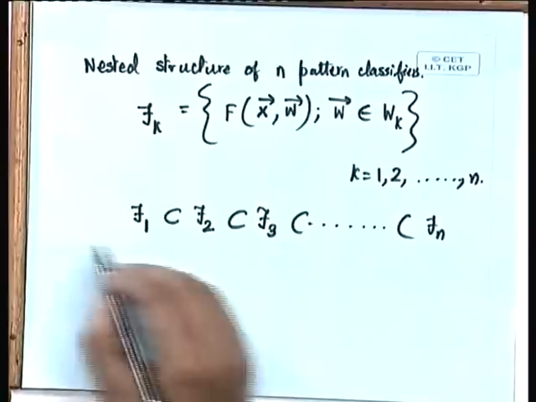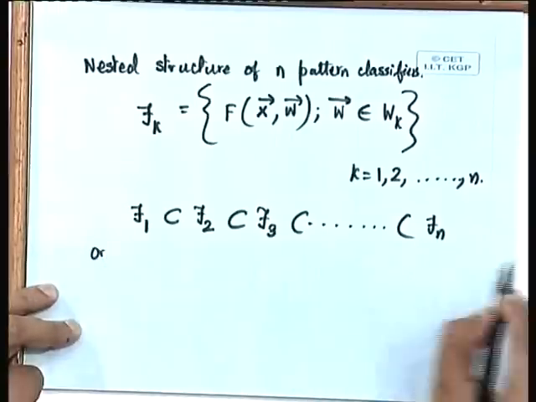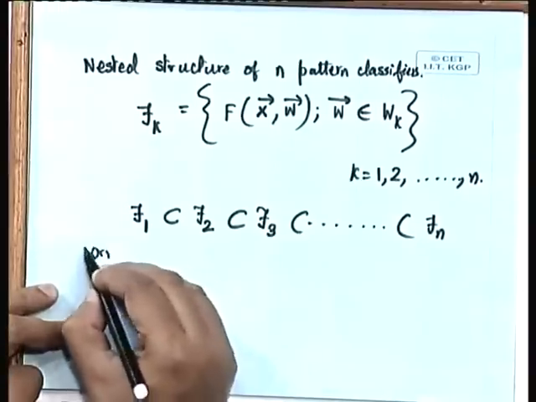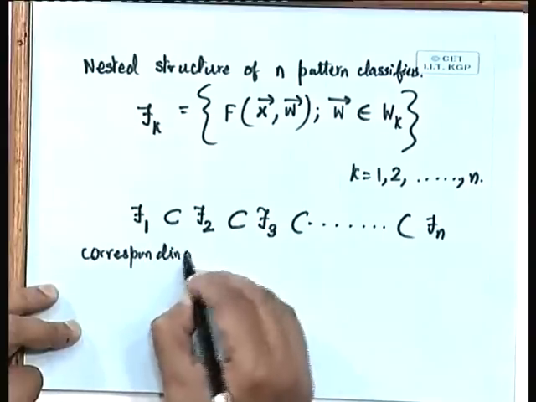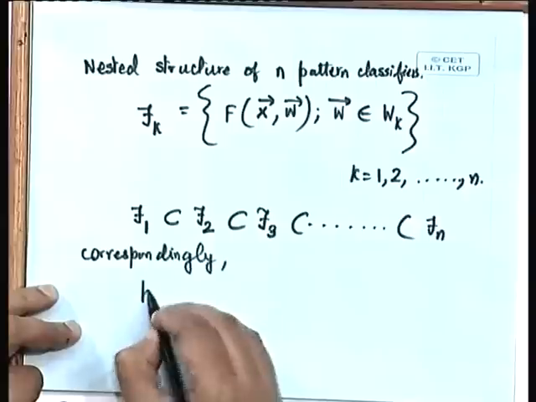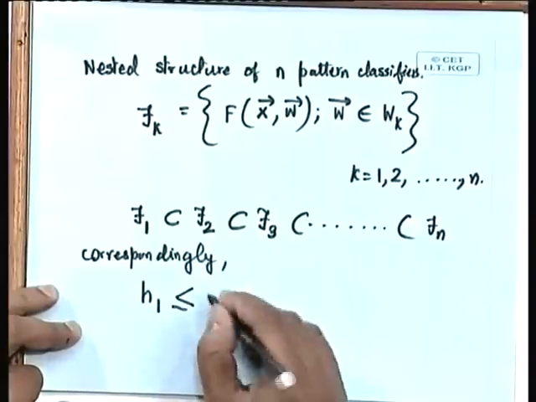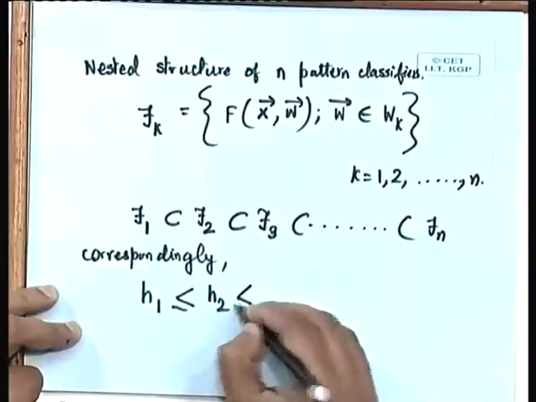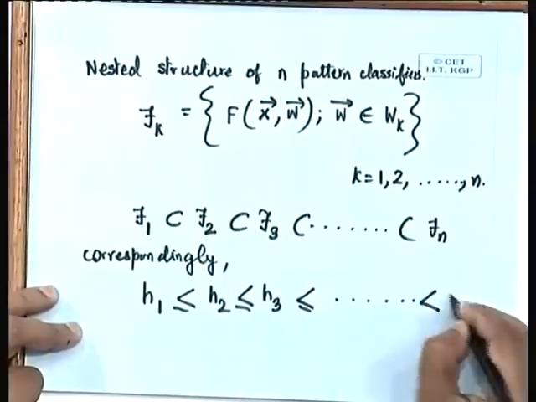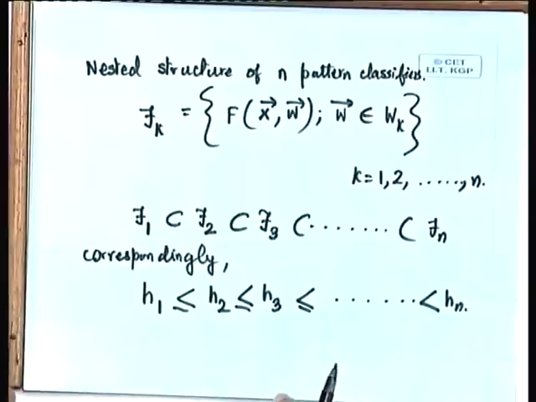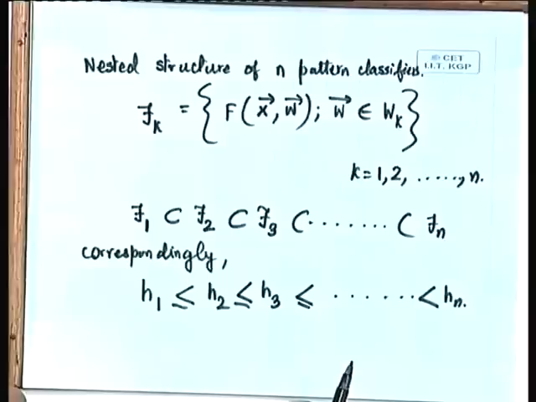And if we have this sort of nested pattern classifier, then correspondingly we must have H1 less than or equal to H2, less than or equal to H3, up to Hn. Okay. Now, what is the methodology that we have to follow for the structural risk minimization?